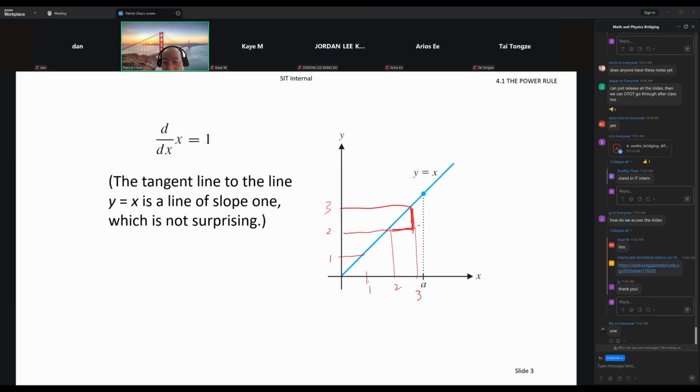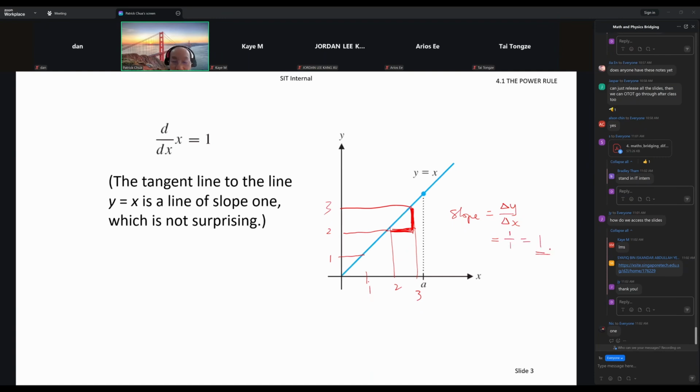So the slope is change in y over change in x. The vertical line is 1 unit and the horizontal line is 1 unit, 1 over 1. So it's equal to 1.